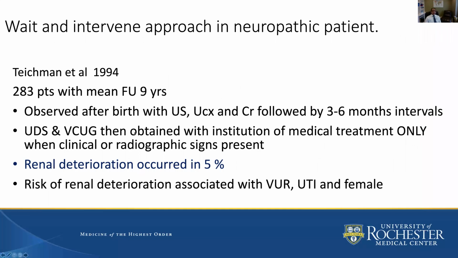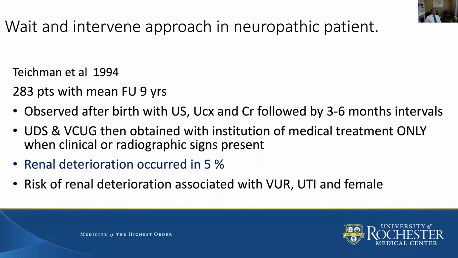In contrast, Hickman studied 283 patients and followed them for 9 years. Those patients were observed from birth. They did an ultrasound, urine culture, and creatinine, and followed them every 3 to 6 months. They found that those patients can be followed.